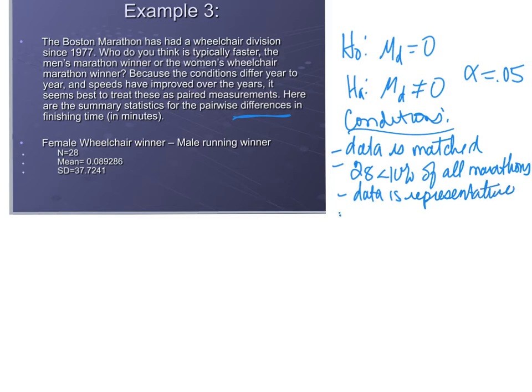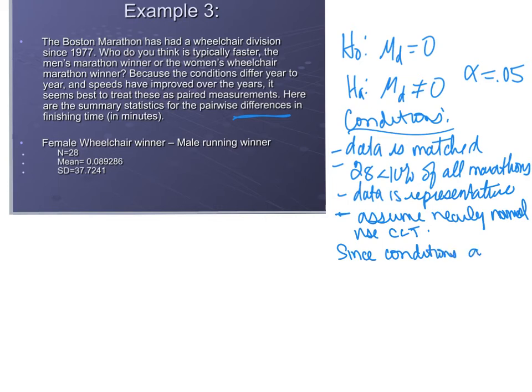And we're going to assume nearly normal. 28 isn't greater than 30, but it's close enough to use the central limit theorem. So since conditions are met, a T model is appropriate.